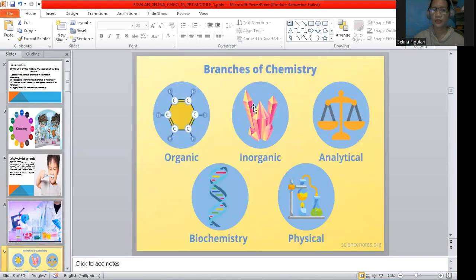Here, there are different branches of chemistry. As I have said, these are organic, inorganic, analytical, biochemistry, and physical. So what's the difference between organic and inorganic? Based on this picture, your topic is general chemistry with organic chemistry, which means that biomolecules are included in your subject. Why? Because biomolecules are made up of carbon and hydrogen.